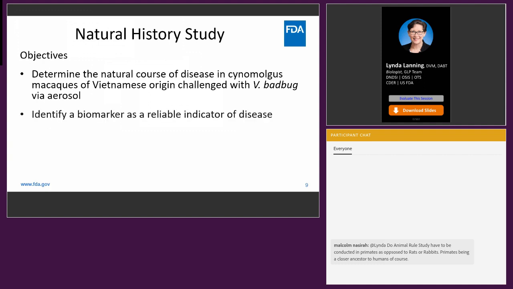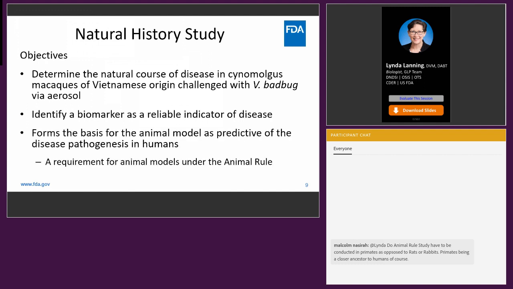As is often true for natural history studies, this study was designed to try to identify a biomarker as a reliable indicator of disease. And very importantly, this study formed the basis for the animal model as being predictive of the disease pathogenesis in humans. This is, of course, a requirement for animal models under the animal rule.